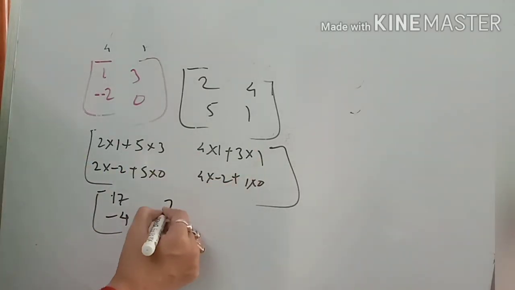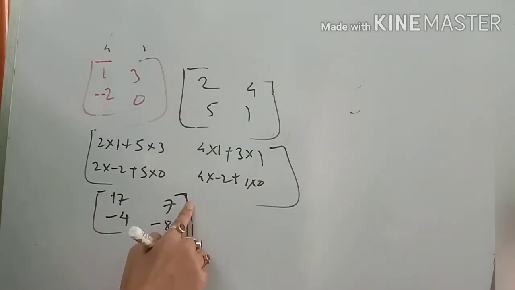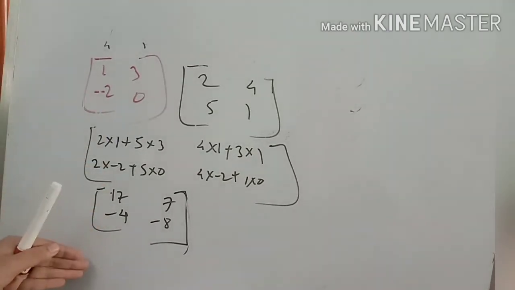This is going to be 7, and this is going to be minus 8. Is it clear? Good. So it was a bit easy.